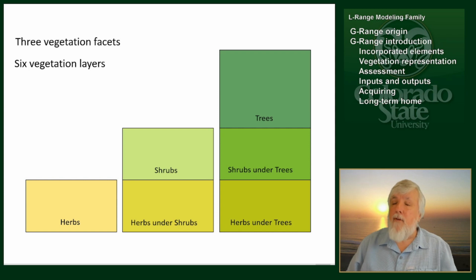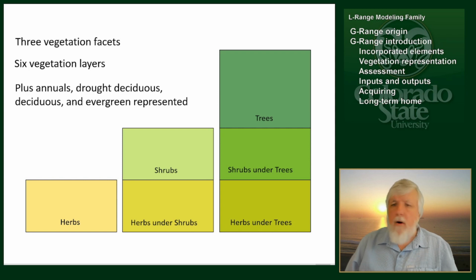And so those are tracked for every cell in the landscape. There is also variation in the vegetation. For example, in the herbs, we've got annuals and perennials represented. There are the facultative deciduous, the drought deciduous plants that are included. In shrubs and trees, it's representing the deciduous and evergreen components, for example.